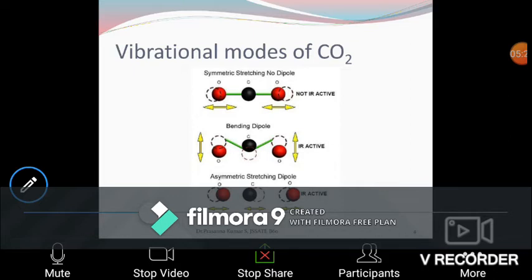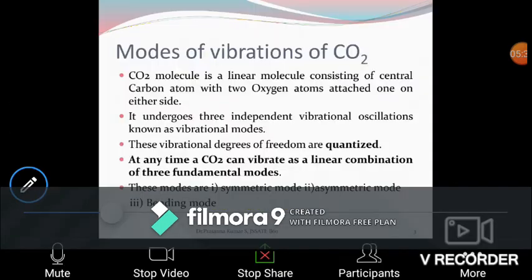The frequency of the asymmetric stretching mode is 7 into 10 to the power of 13 hertz. So this is how carbon dioxide vibrates in space. These three modes are called the symmetric mode, asymmetric mode, and bending mode.